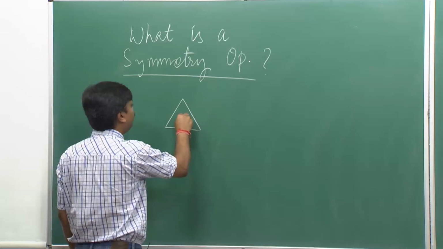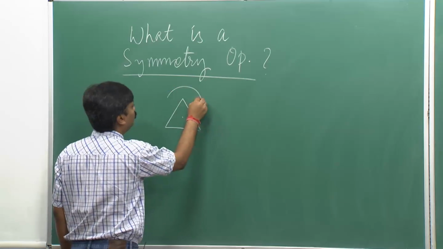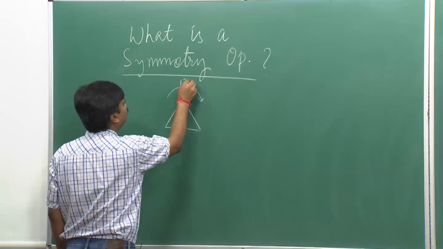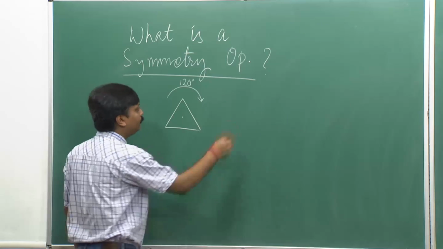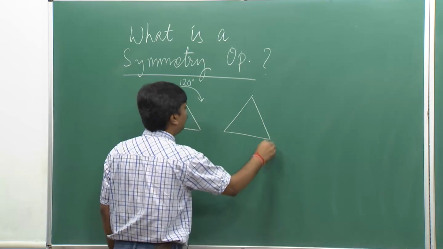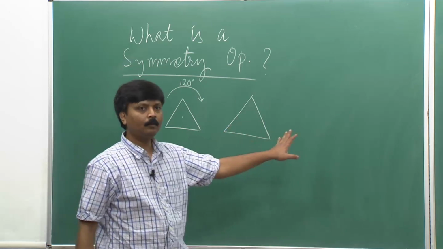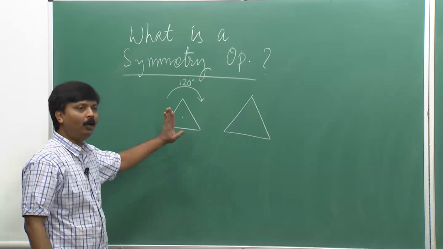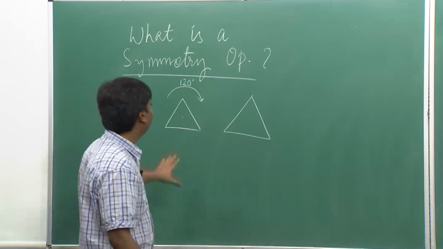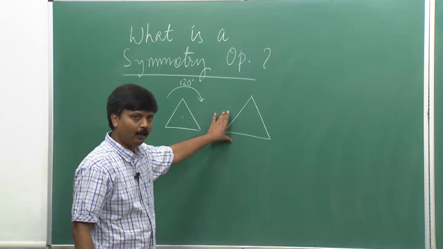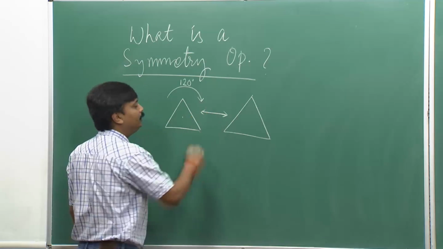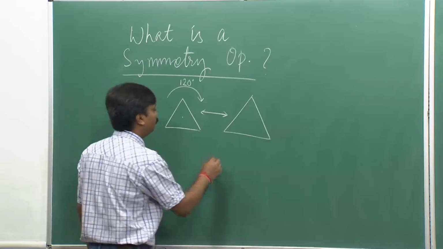If I give a rotation about this by 120 degrees, just like we showed earlier, I get another equilateral triangle, and these two are indistinguishable. Do not go by my drawing, which may show a different size; assume these two are equilateral triangles of the same size.